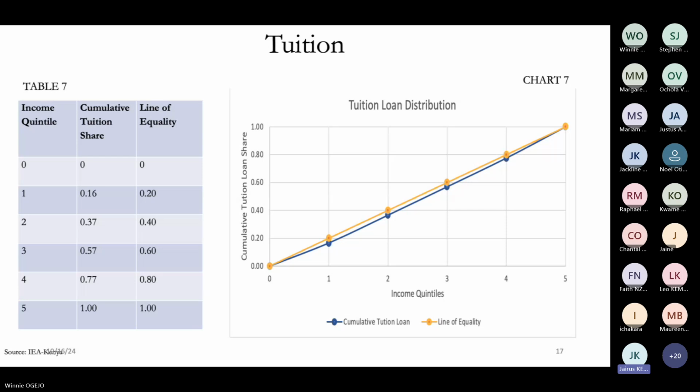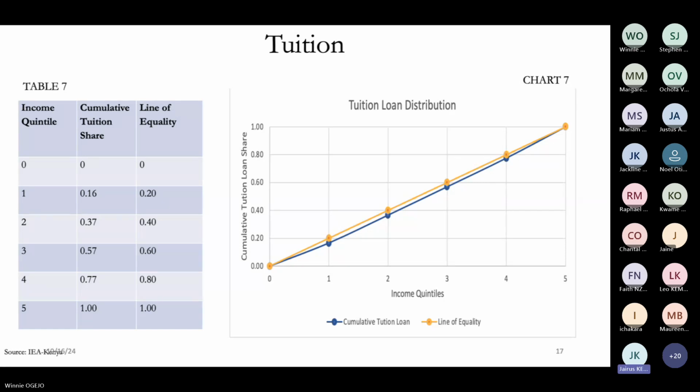And now from chart 7 on our right, we're able to establish that there is inequality in the distribution of loans, actually favoring the higher income groups, that is mostly quintile 4 and 5.